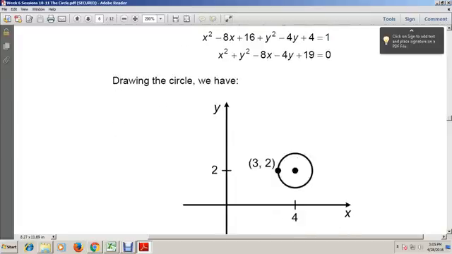Therefore, if we draw the circle with this unit being 1 unit, correspondingly this point here is (3, 2). This point here is (4, 3). This point here would be (5, 2). This point here would be (4, 1).